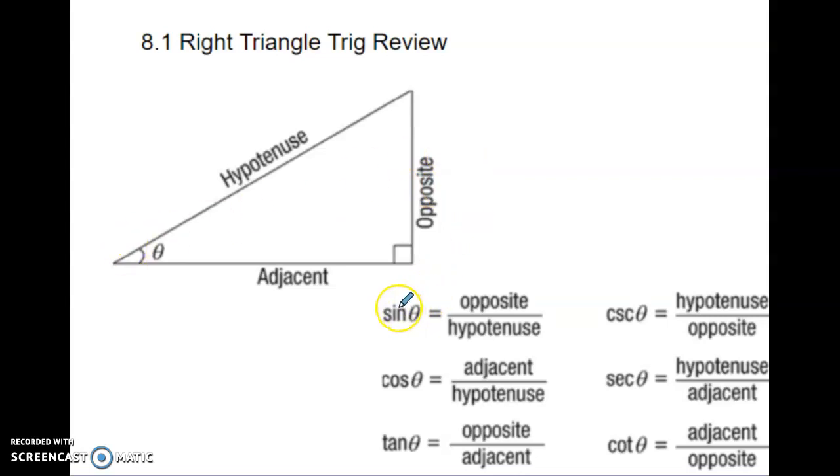So if we're looking at sine, the sine of theta, the ratio of that relationship is the opposite side over the hypotenuse. Cosine of theta is the adjacent side over the hypotenuse, and the tangent of theta is the opposite over the adjacent. If you remember, we had a little saying that helped us remember this, and it was SOHCAHTOA.